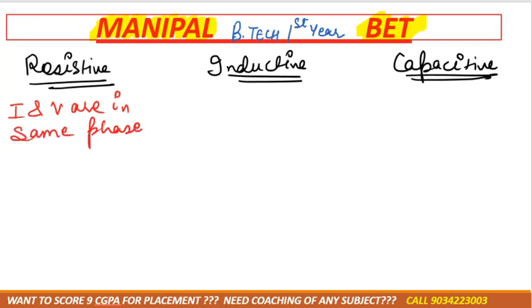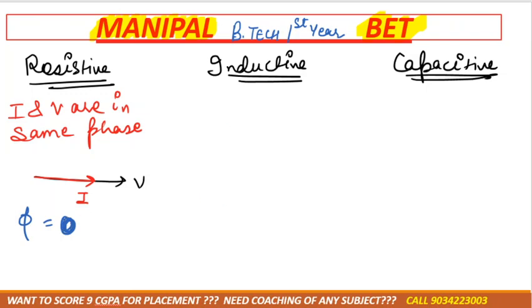Okay, same phase, what does it mean? If voltage is on the x-axis, then current is also on the x-axis. Then in that case the angle between the voltage and current is 0 only. Yes or no? Angle between current and voltage is 0.